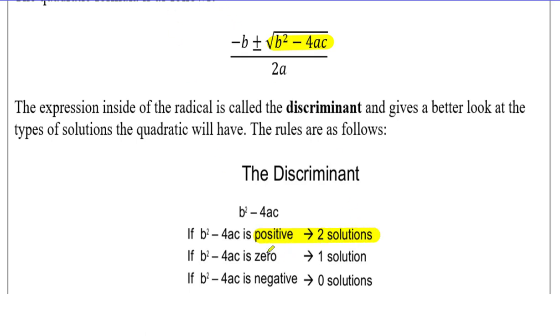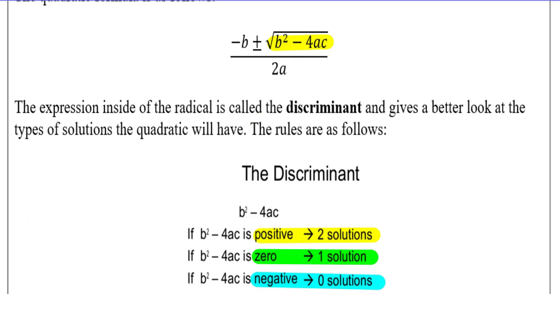If it comes out to 0, you're going to have one solution. If you have a negative number, you can just stop what you're doing and write 0 solutions, because we're not going to deal with imaginary numbers. This gives you a sneak peek at what you're going to have before you even get to the rest of what's going on.